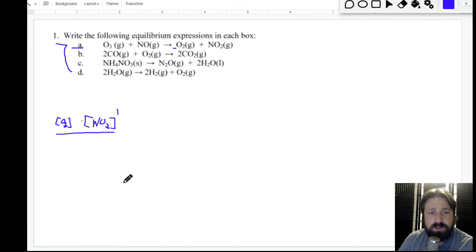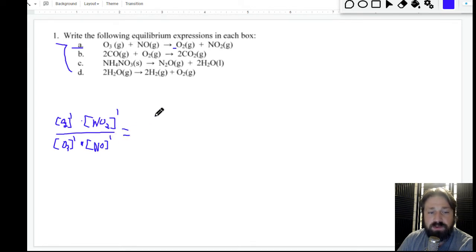And products over reactants. So we look at our reactants. Concentration of O3, raised to the power of its coefficient, 1. And we're going to multiply that by the concentration of nitrogen monoxide, NO, raised to the power of its coefficient, 1.